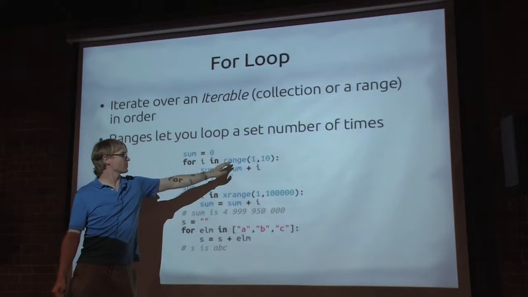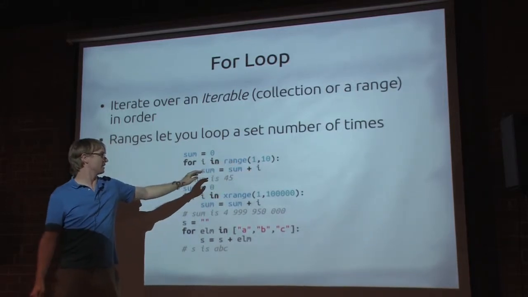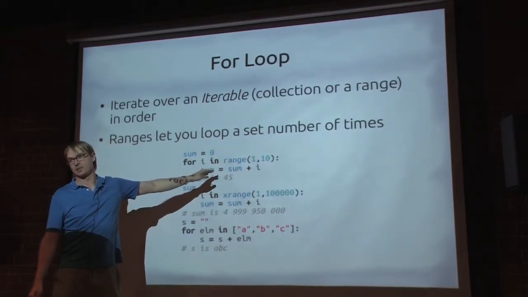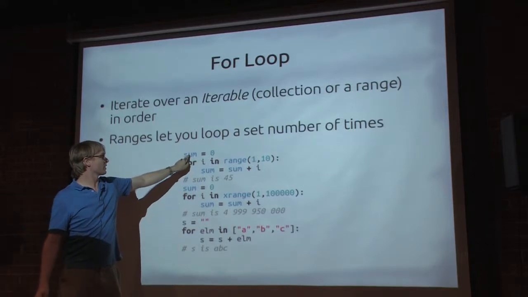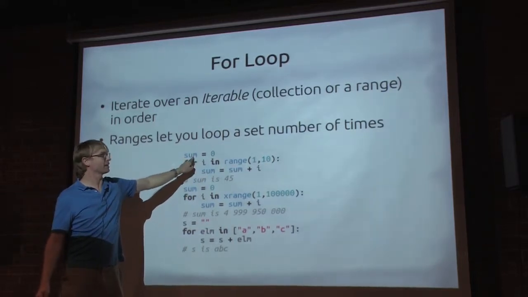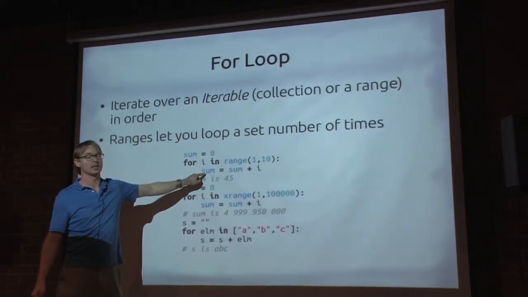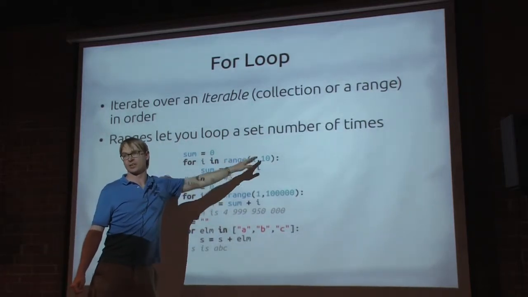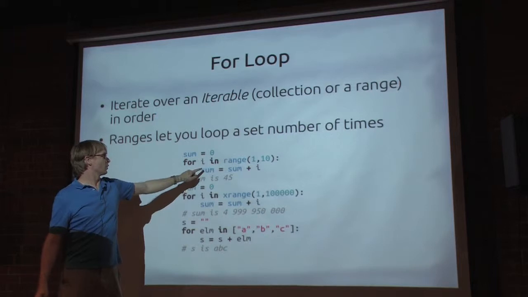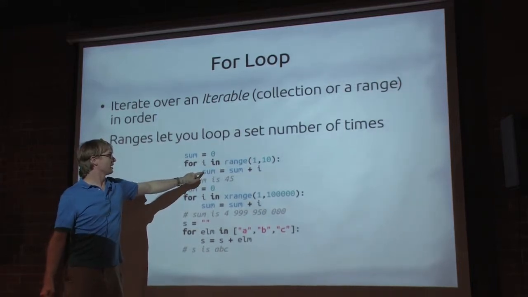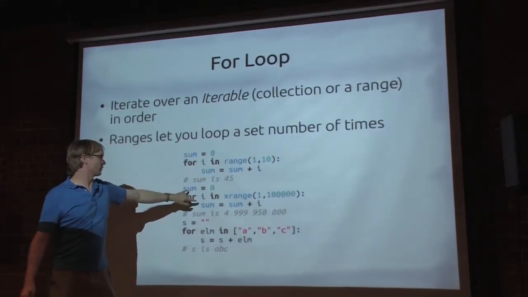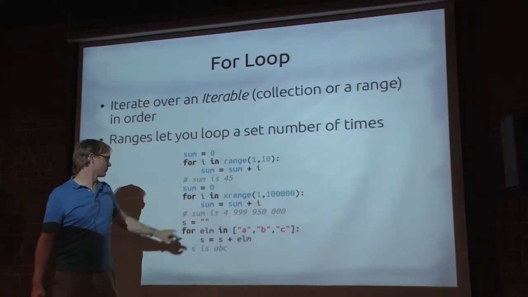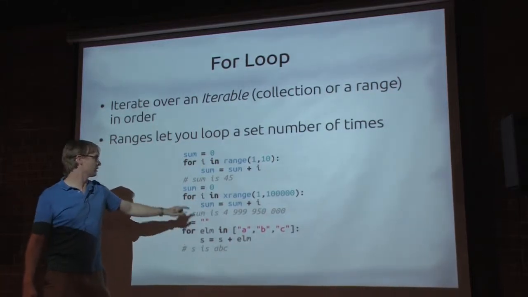For i in range 1 to 10, we add that to sum. Now if you look here, we've got sum here and sum here. So sum here is a dependency, right? The condition of this for loop is really that there are elements to iterate over. So we've got a for loop body right here, and it's got a dependency there, and the same dependency here, and the same kind of dependency here.